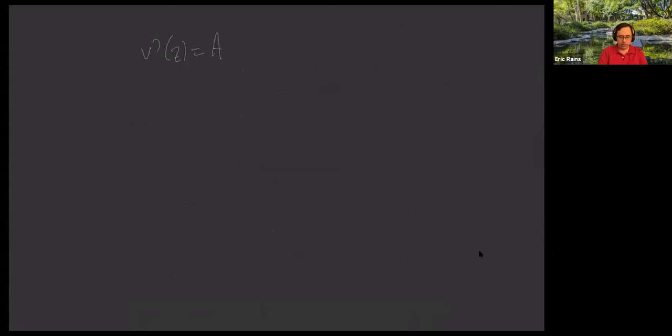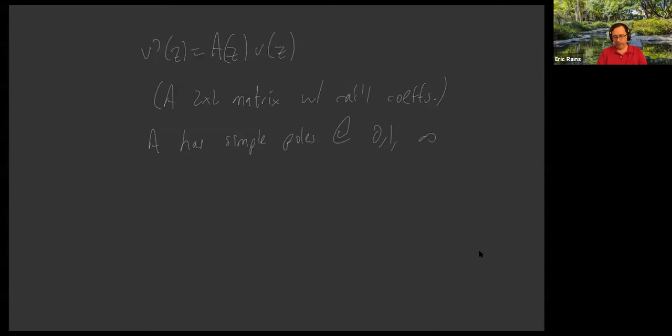Now, whenever I talk about a differential equation, what I always mean is matrix form. So A is a 2x2 matrix with rational coefficients. And the structure that I said before says that A has simple poles at 0, 1, and infinity, with a big footnote saying that to talk about a pole at infinity, you have to do the change of variables, and then it's a pole at 0.